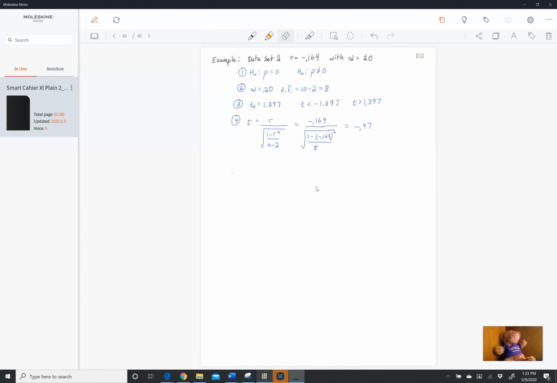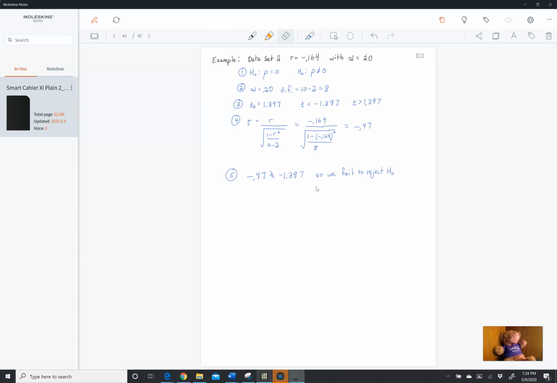So even in this instance, we're outside of the rejection region. So we fail to reject H sub 0.